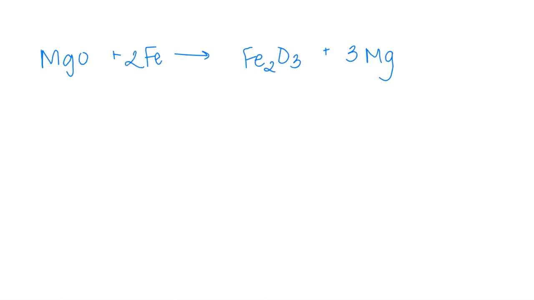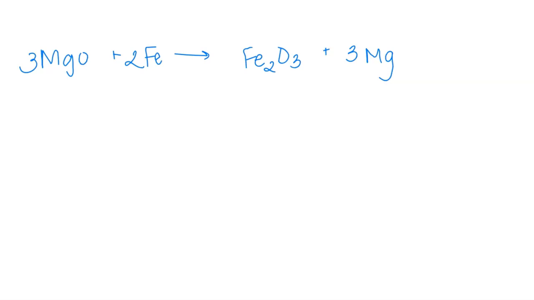We're going to look at this reaction where we have magnesium oxide plus iron, and we end up making some iron 3 oxide plus some magnesium.